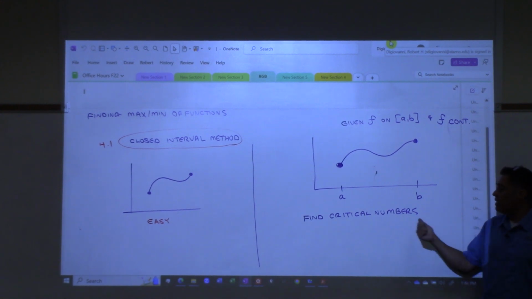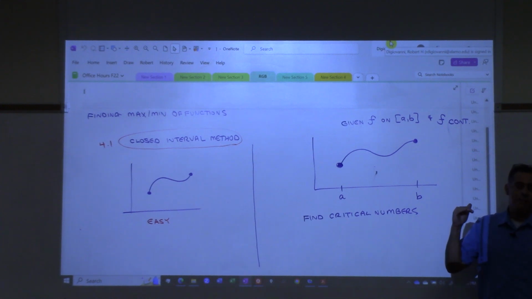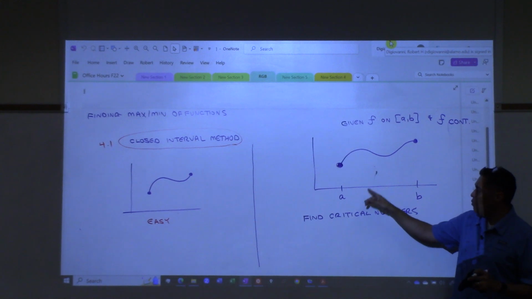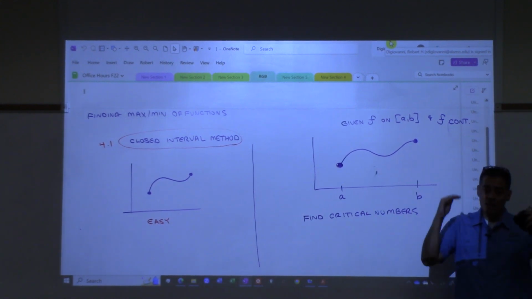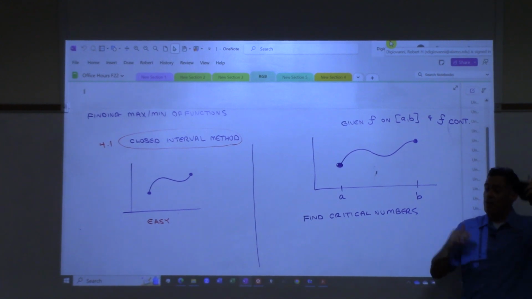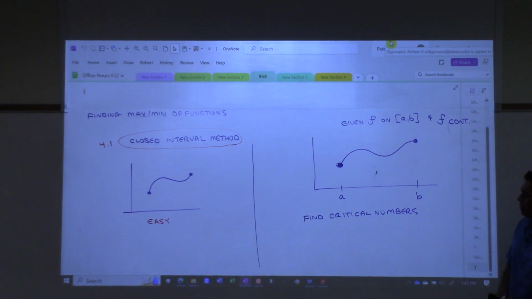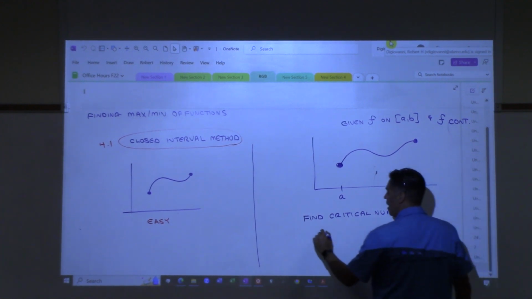So what I can do is I can find all the critical numbers, and then I can compare whatever's happening at one critical number to the other critical number, and see which of them is giving me a higher and a lower value. So I could find the critical numbers.